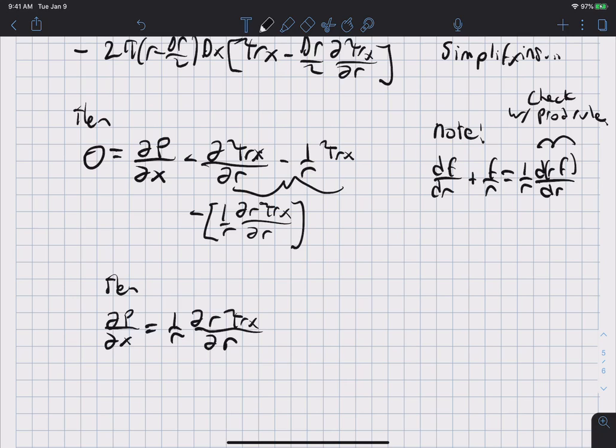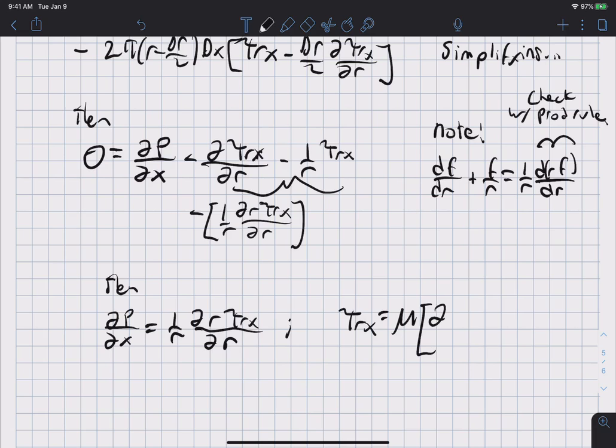Now we need to know what tau rx is. Well, tau rx equals mu times partial v in the radial direction partial x plus partial u partial r. And u here is the axial component, and v is the radial component.